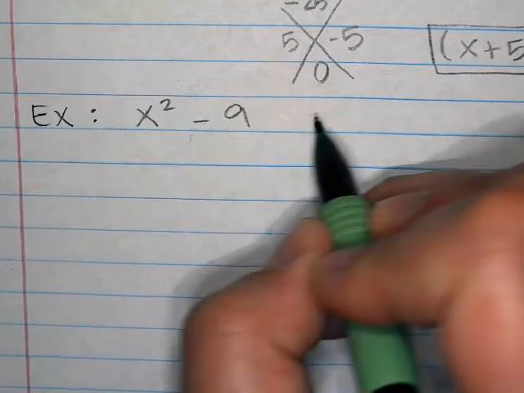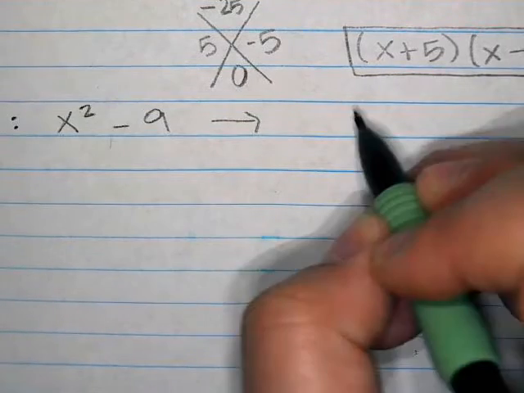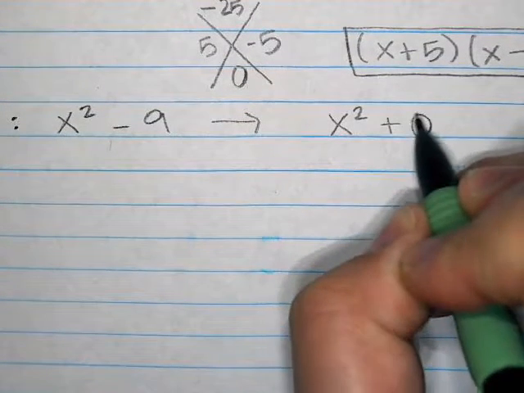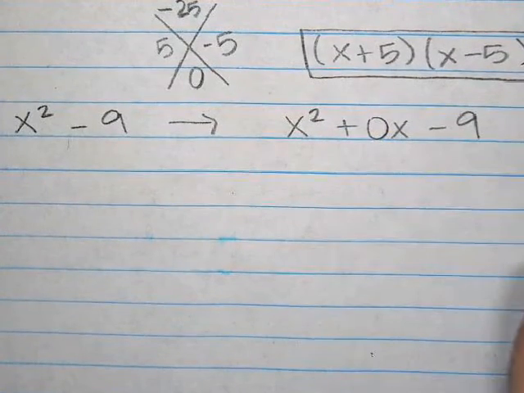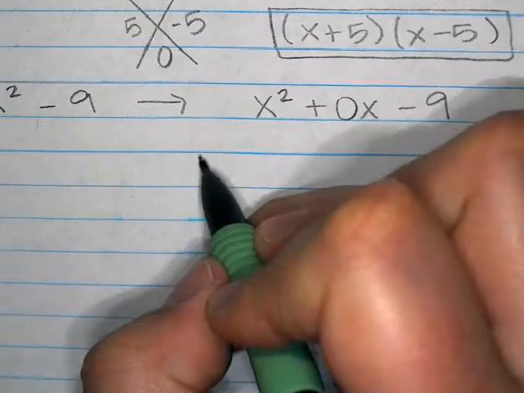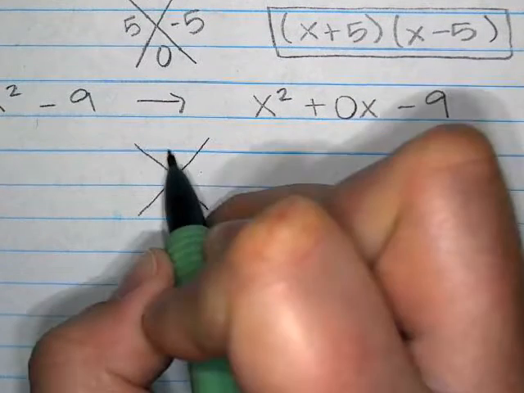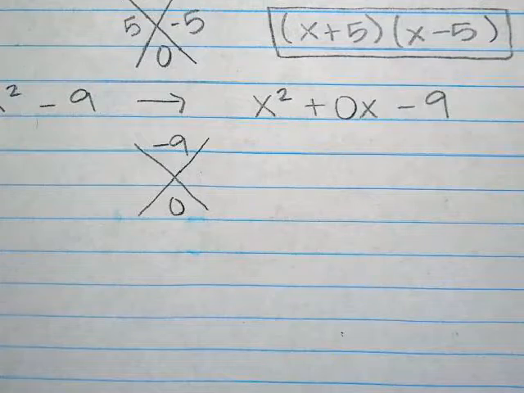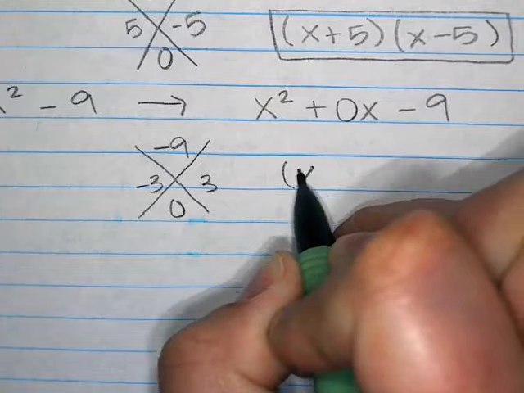So I'm going to rewrite this, and I'm going to say x squared plus 0x minus 9. And then when I do the problem, I'm going to say, okay, what are two numbers that multiply to negative 9 but add to 0? Negative 3 and positive 3. Okay. So x minus 3, x plus 3.